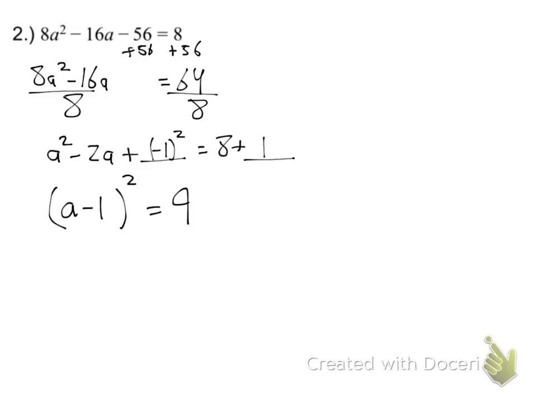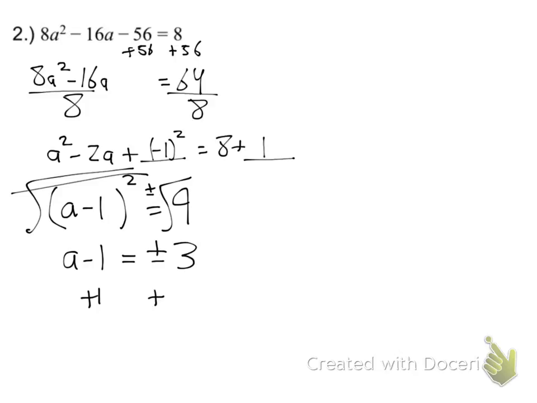And now we just solve it. We just completed the square to solve it. So now, square root both sides, and don't forget, plus or minus. So a minus 1 equals plus or minus 3. Add 1.